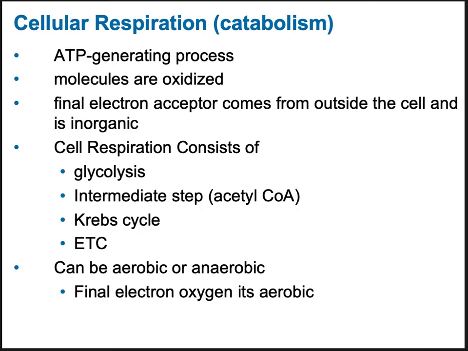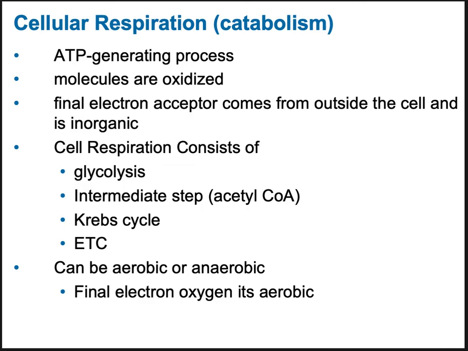Okay, so cellular respiration is a catabolic pathway to generate ATP. Glucose is going to be oxidized. Molecules throughout the pathway are going to be oxidized, and then others are going to be reduced, right? So there's going to be redox reactions, and you will have to have a final electron acceptor.